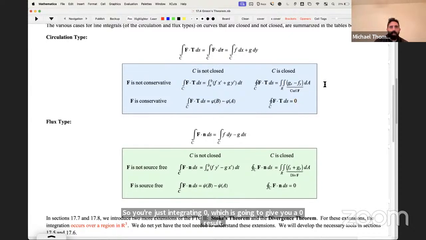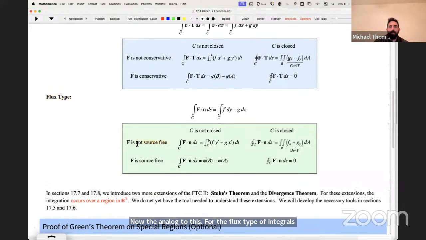Now the analog to this for the flux type of integrals is like so. If F is not source free and C is not closed, you would just evaluate the line integral directly. We did this back in 17.2. However, if it is closed, you can use Green's theorem flux form and just add up all the divergences.